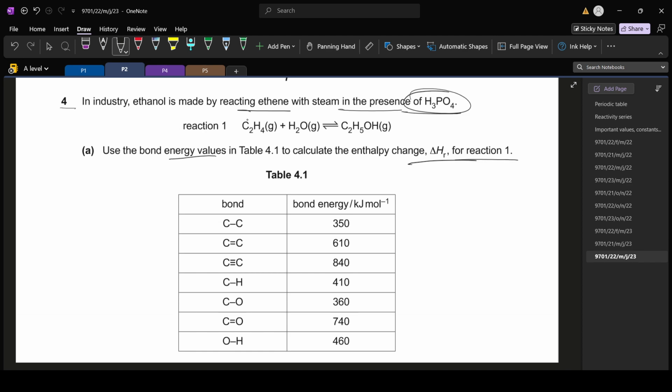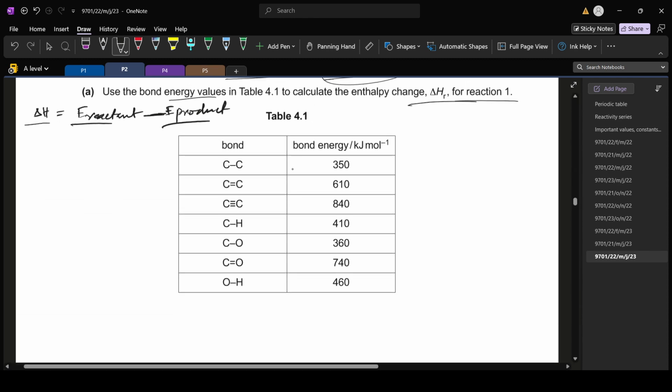So energy change is equal to the energy of reactants minus the energy of products. You will first find the energy of reactants, then the energy of products, and then subtract these two to get the energy change.